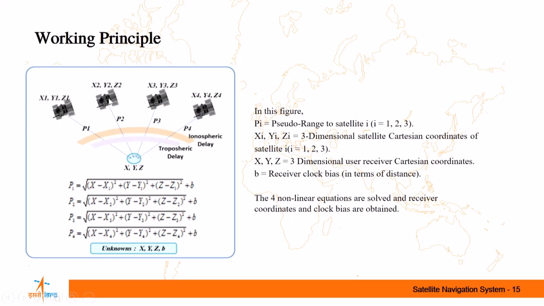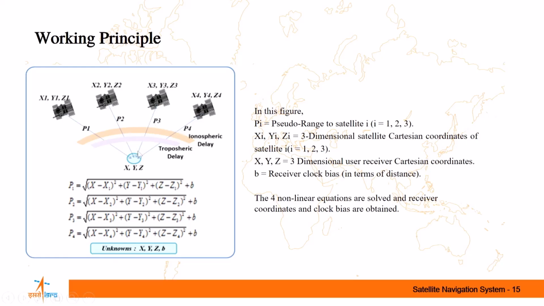Similarly, x2, y2, z2, the location of the second satellite, is also known. The location of the third satellite, x3, y3, z3, is also known through the ephemeris data, and similarly for the fourth also. During the travel, the signals pass through the entire space between the receiver and the satellite, and they get delays in the ionospheric region and the tropospheric region, which also need to be corrected in the processing time.